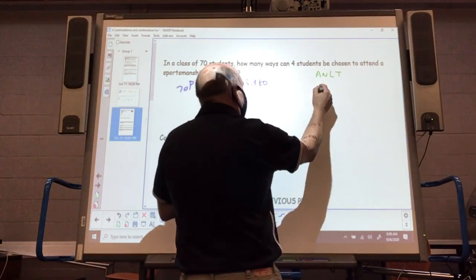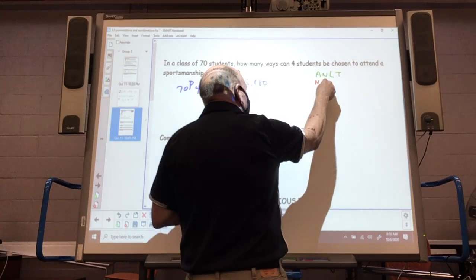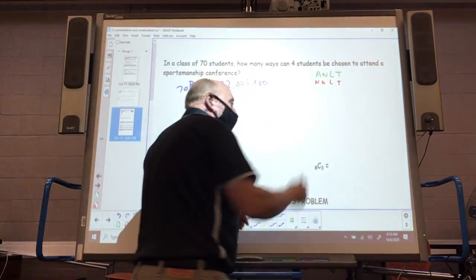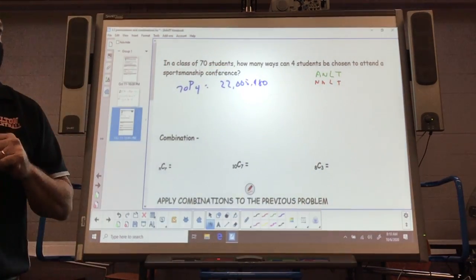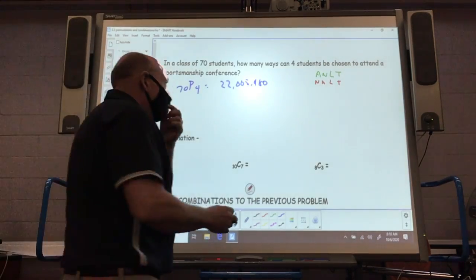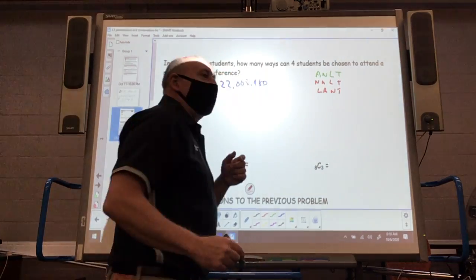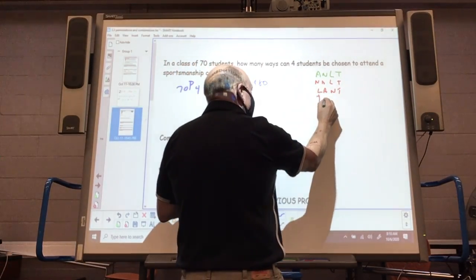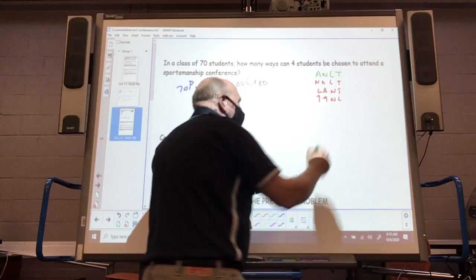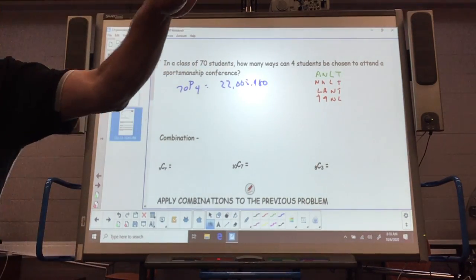But if they were chosen in the order Nemo, Andrew, Lucas, Tyler, those four are still going. Lucas, Andrew, Nemo, Tyler, they're still all going. Tyler, Andrew, Nemo, Lucas, those four people are still all going.